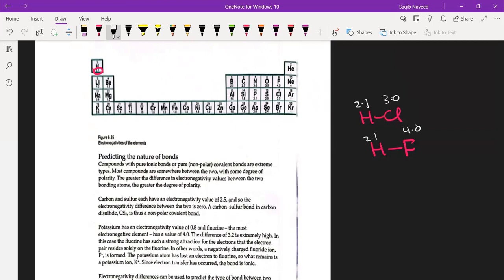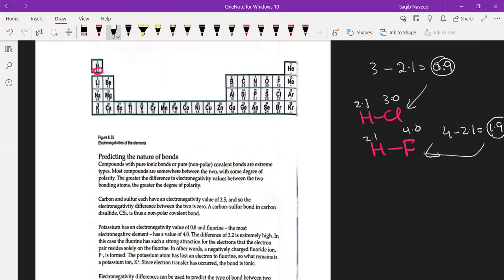Let's take the difference. 3 minus 2.1 is 0.9. And here 4 minus 2.1 is 1.9. This is called electronegativity difference: 0.9 for HCl and 1.9 for HF.